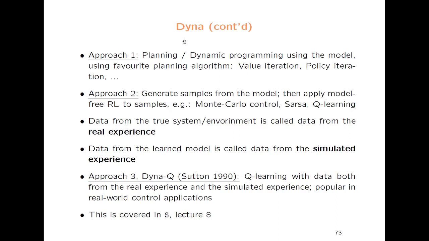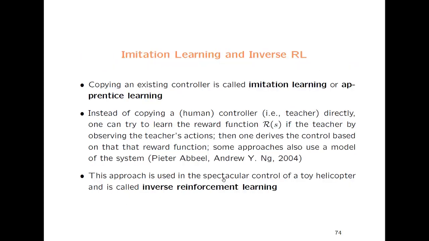Okay, so one would be to use the probabilities, the P's, in dynamic programming. The approach 2 would be to simulate data from the model and do reinforcement learning based on the simulation from the model. And approach 3 is to mix the two data sets, the one from the real experience and from the simulated experience. So this is covered in Silver in lecture 8.